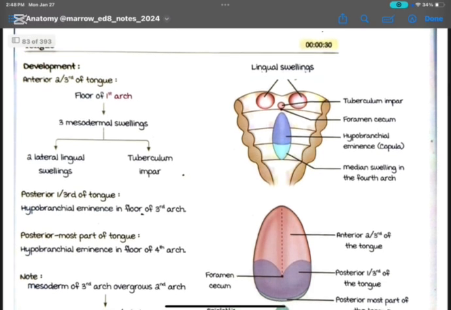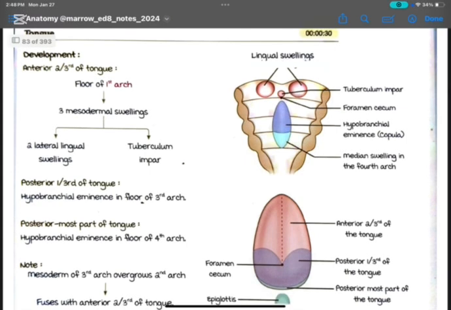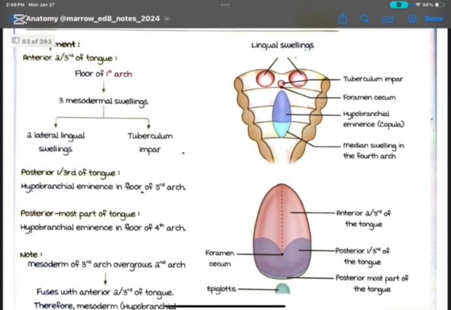Posterior 1/3 of tongue, hypobranchial eminence in floor of third arch. So third arch, hypobranchial eminence, scopula. Posterior most part of tongue, hypobranchial eminence of floor of fourth arch.